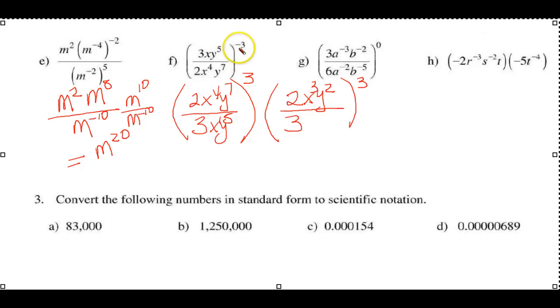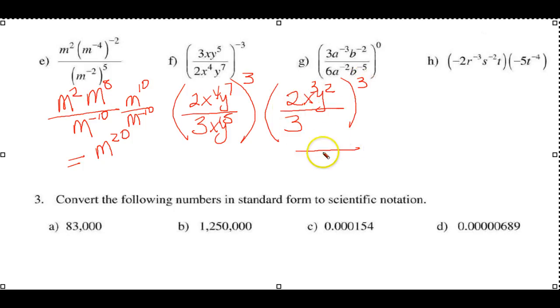So to change a fraction that has a negative exponent, take the reciprocal, just flip them, and the exponent then becomes positive. Do your canceling out since it's all within a parenthesis. And now we're going to raise that to the 3rd power.